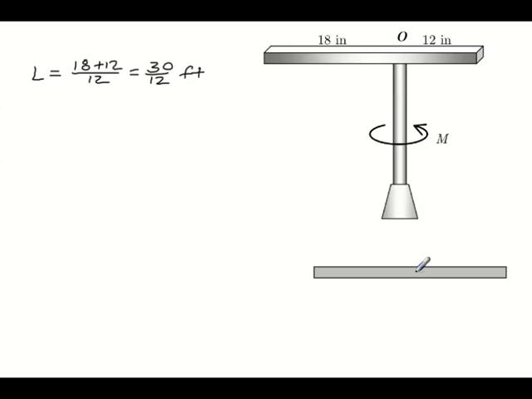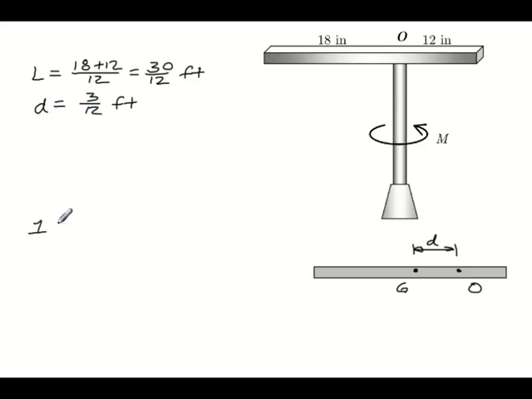As I draw this in my FBD, this is G, and O is where the shaft is, and this distance from here to here, we're going to need that a little later on. The distance D is the halfway point. It looks like it's going to be 15 inches, so it looks like G is 3 inches to the left of O, so convert that to feet.